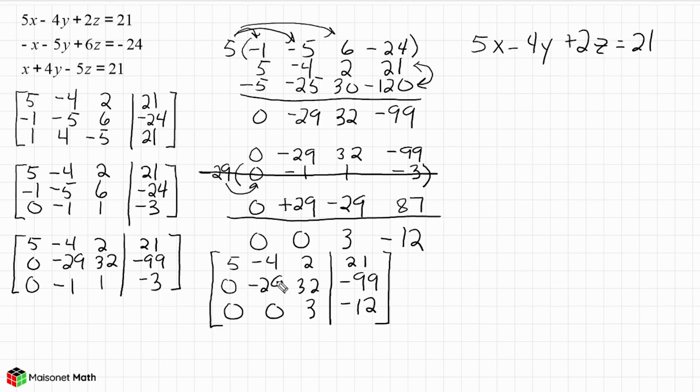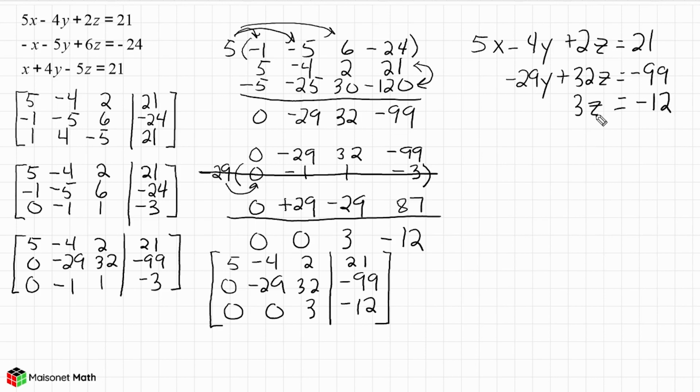Now for this column, notice we do not have any x values, so we start with the coefficient of y, which is -29y plus 32z is equal to -99. And for the last equation, we only have a z coefficient, so we write 3z is equal to -12.